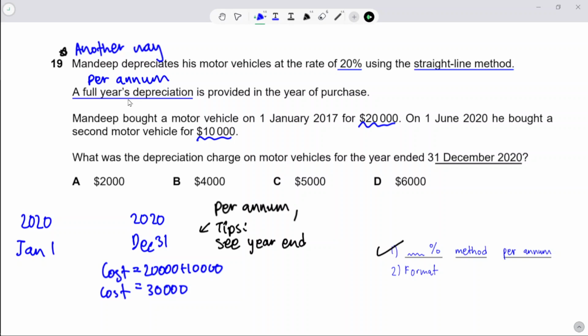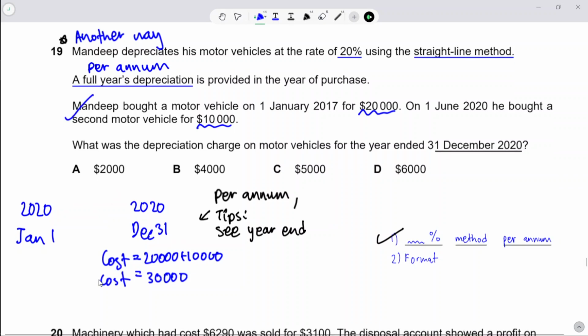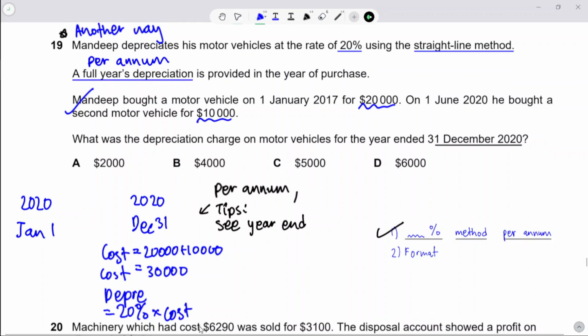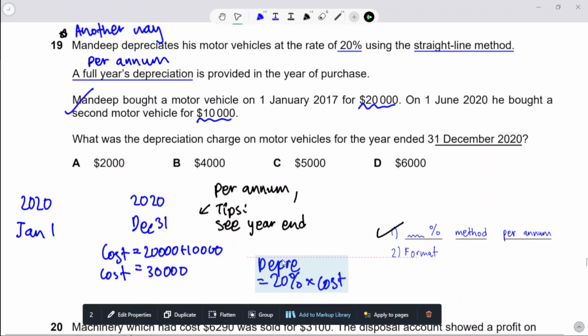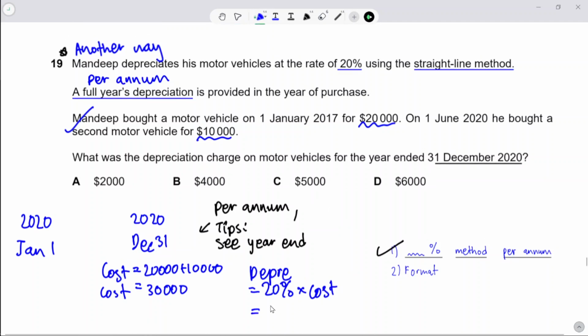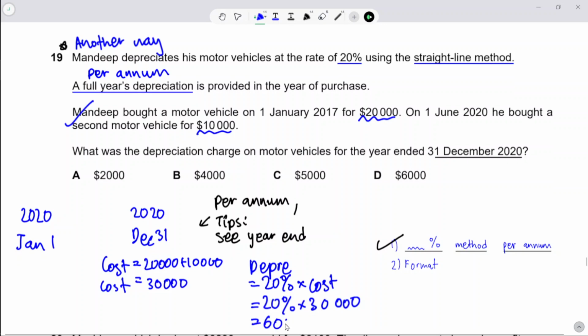Then the depreciation will equal to 20% times cost. So the answer will become D.